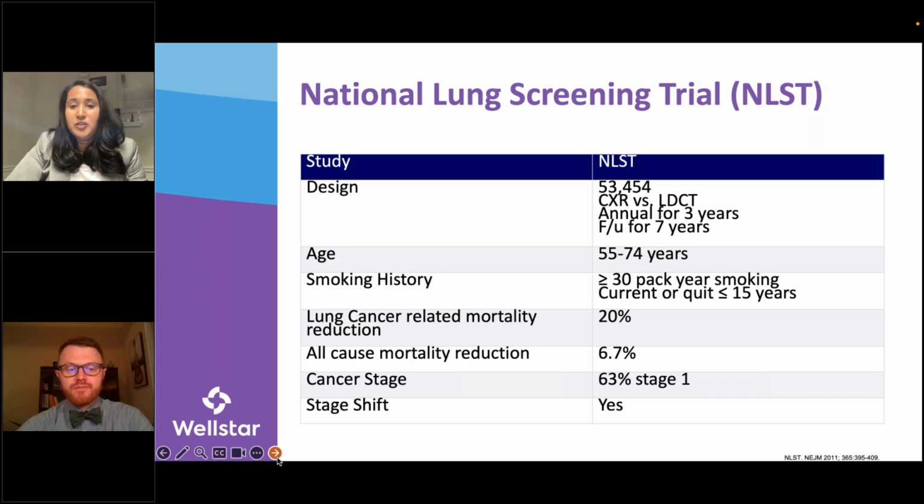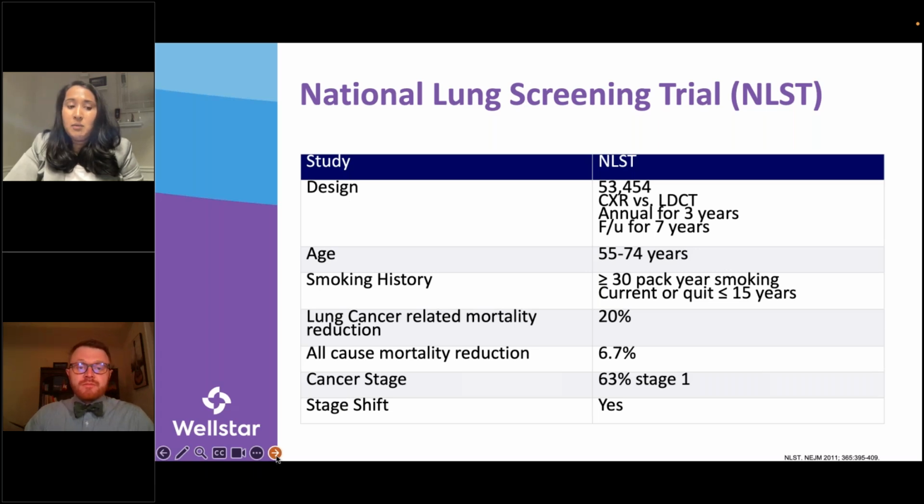So this was the first randomized controlled trial that was published when it came to lung cancer screening. It was one of the largest studies that we have to date. And in this study, there were 53,000 patients that were enrolled between the ages of 55 and 74 years of age who had a 30-pack-year smoking history and were either current smokers or had quit in the last 15 years. And these patients were enrolled in either a chest x-ray or a low-dose CT arm.